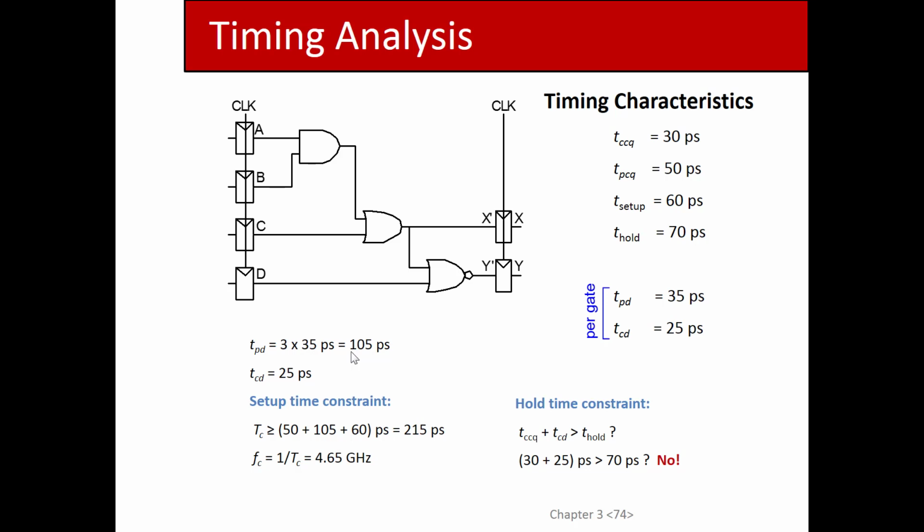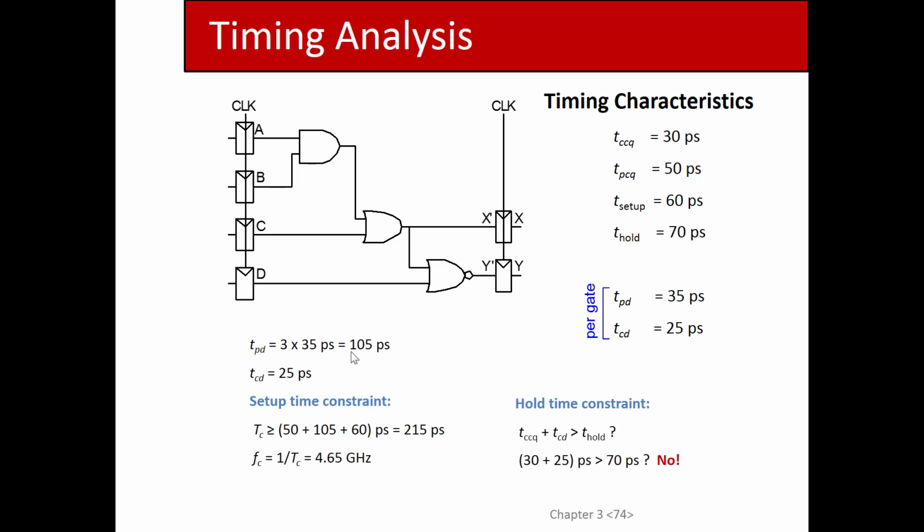So I need to figure out, is this input going to hold for 70? Well, I don't know. The contamination delay is 30, so this D is going to change in 30 potentially. And this gate is going to change in 25. Right? So 30 plus 25 is 55.